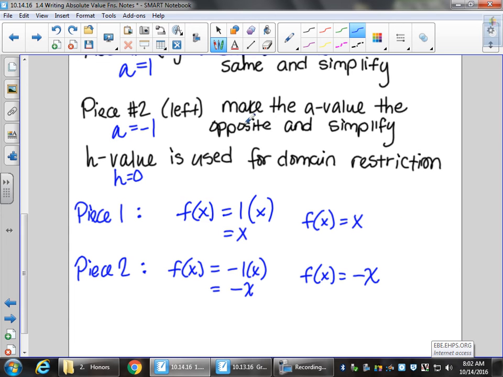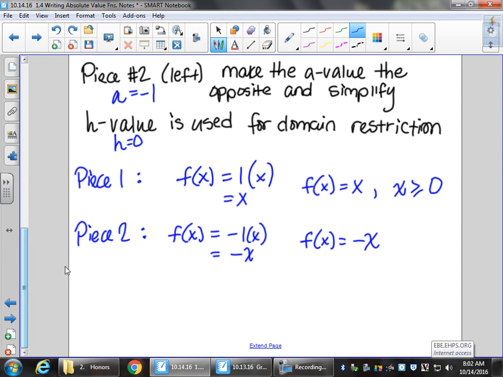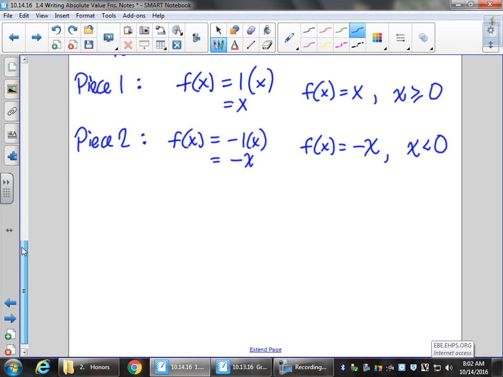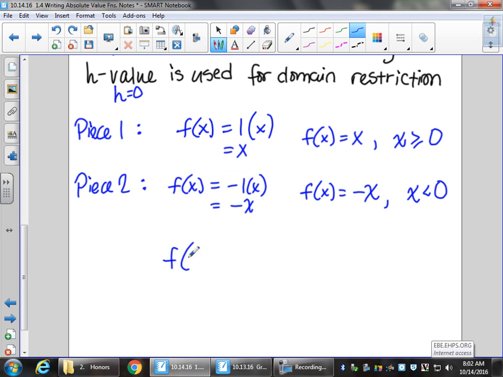So, not h. X greater than or equal to 0? And what will this automatically be then? So that h value directly gets me my piece. And then for formality's sake, we can put this together as a piecewise. So f of x equals our big curly bracket x when x is greater than or equal to 0, and negative x when x is less than 0, and we're done.